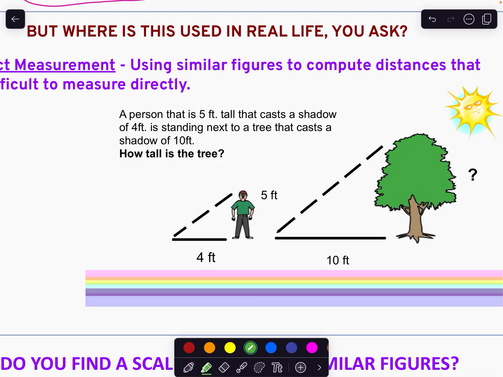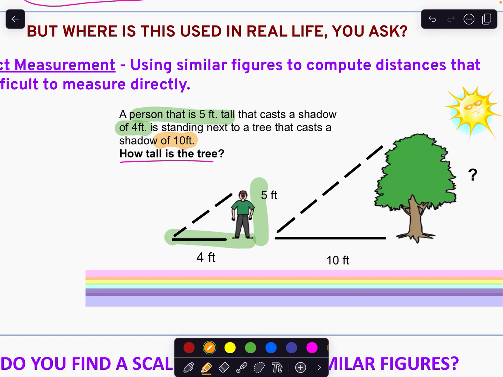So it says, a person that is 5 feet tall casts a shadow that is 4 feet. And they're standing next to a tree that has a shadow of 10 feet. And then the question is, how tall is the tree? So my person here, they're 5 feet tall. They have a 4-foot shadow.